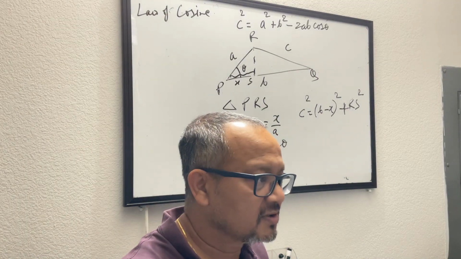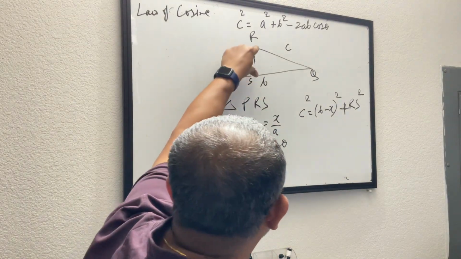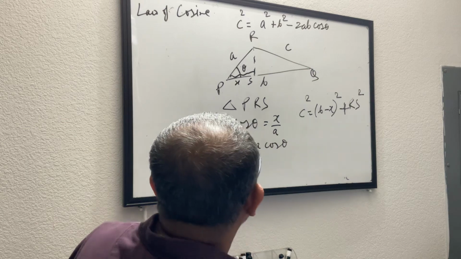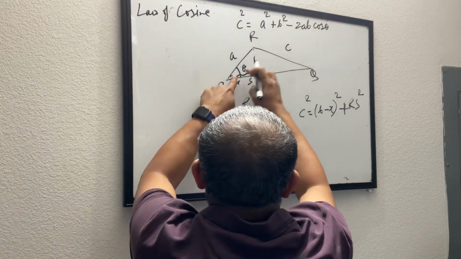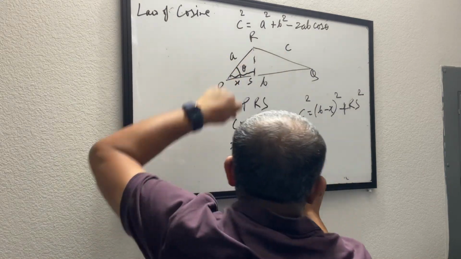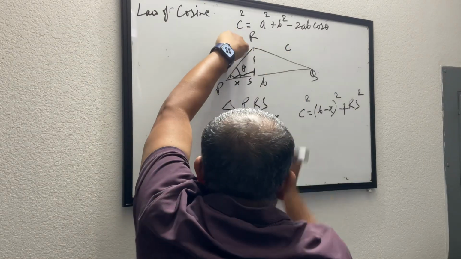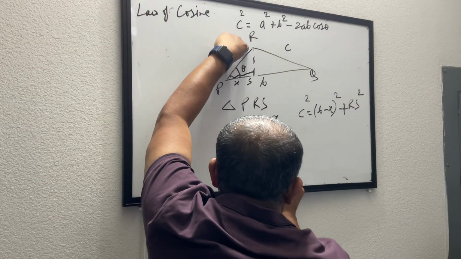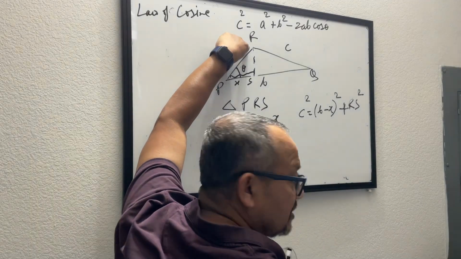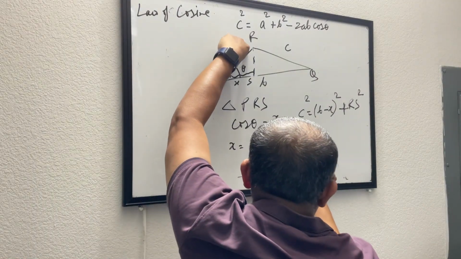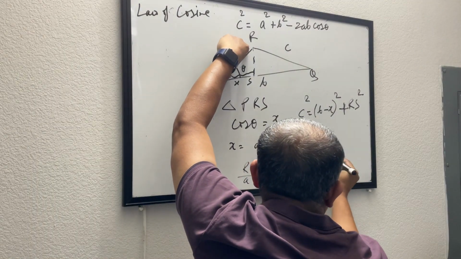Is that okay so far? Now let's look at what is the value of RS in terms of theta. Now we know this is angle theta. So RS by A will be equal to sine of theta. So RS will be equal to A sine theta.